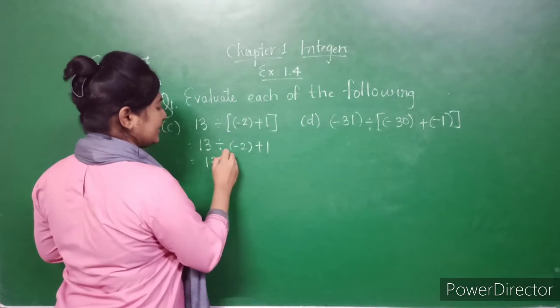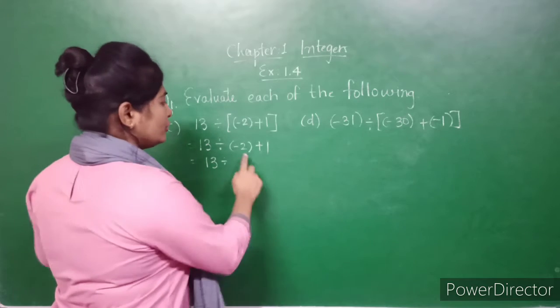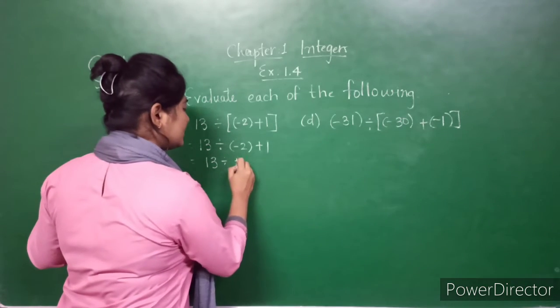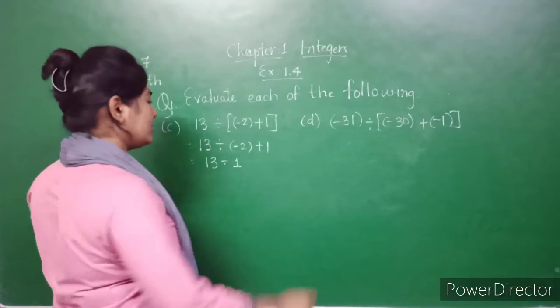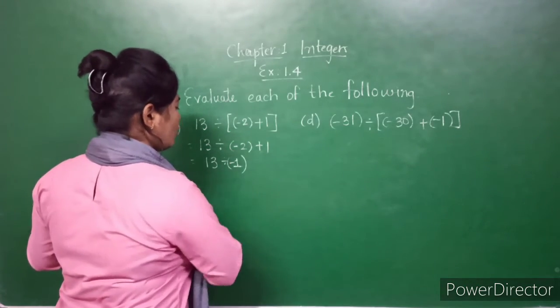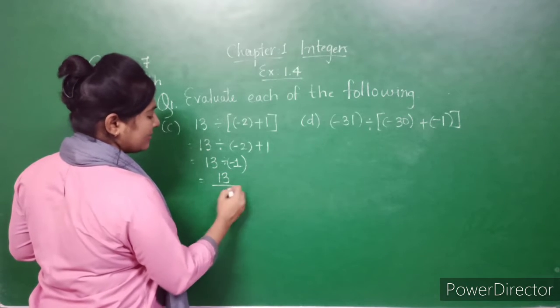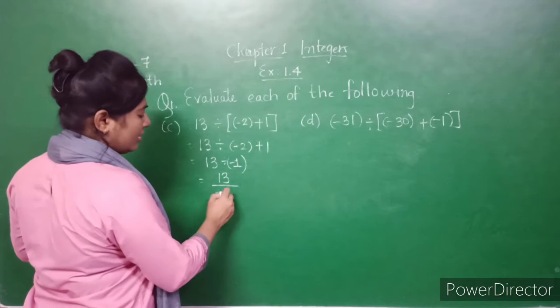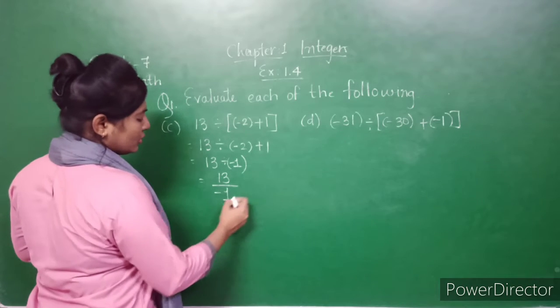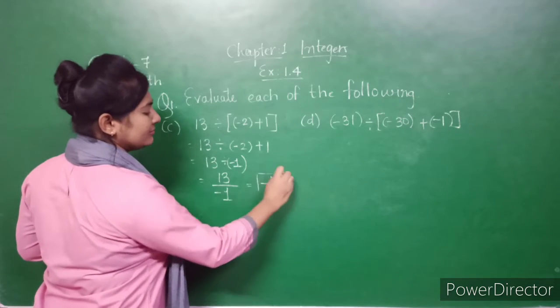So 13 divided by minus plus it is minus. 2 minus 1 it is 1, and we have to put the sign of the greater number. So it is minus 1. So 13 we have to write in the numerator and minus 1 we have to write in the denominator. So here 1 minus is there. So our answer is minus 13.